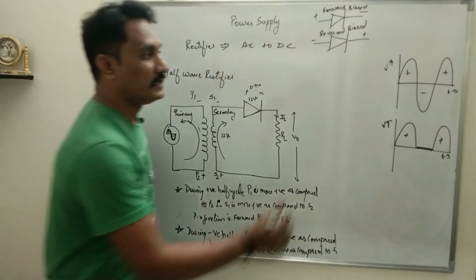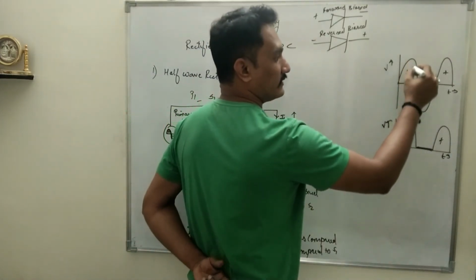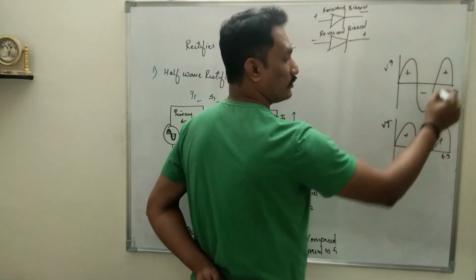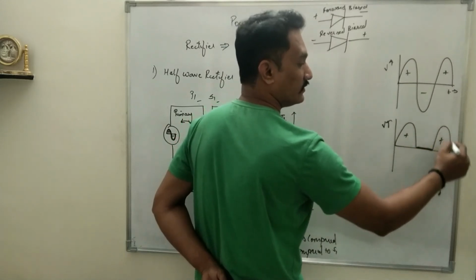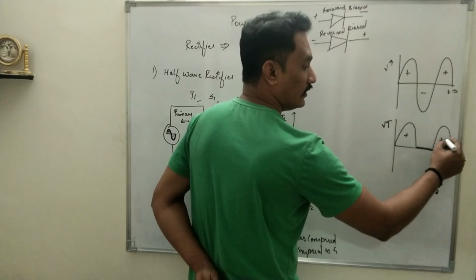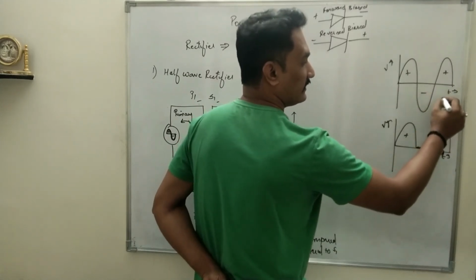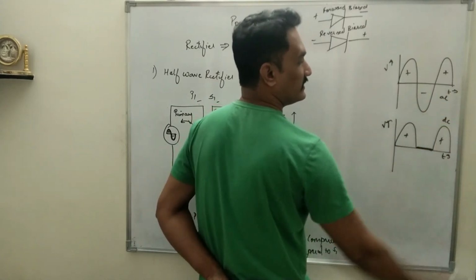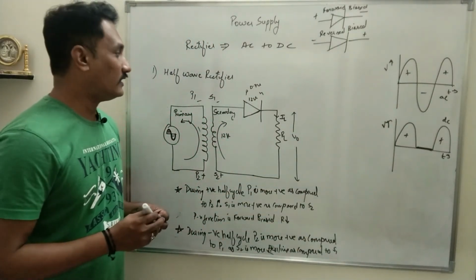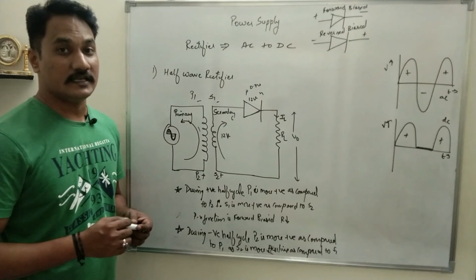In the first circuit, the signal changes its polarity with respect to time, but here it is unidirectional, the direction of current remains the same. So this is AC, and this is DC. That is how we say a rectifier converts AC into DC.